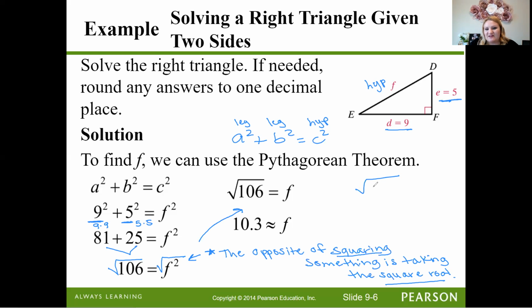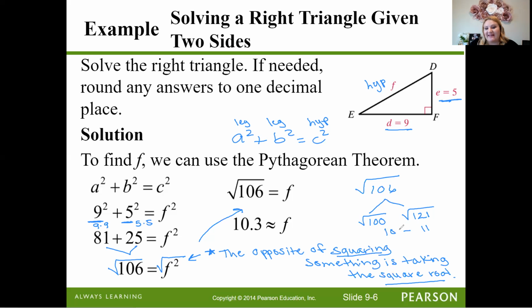And 106 is not a perfect square, but I know that if I were going to do this in my head, it's going to be between the perfect square root of 100 and the perfect square root of 121, which the square root of 100 is 10, and the square root of 121 is 11.